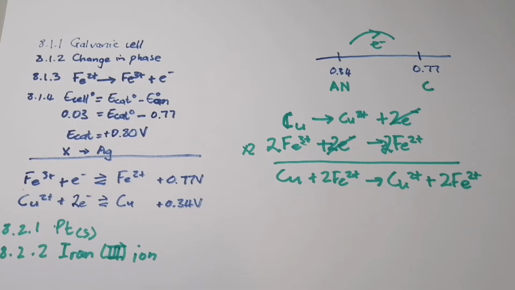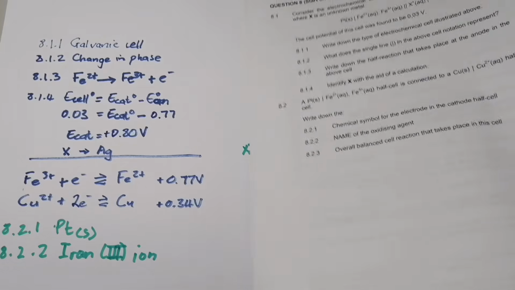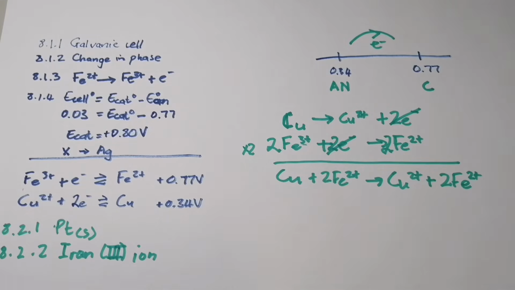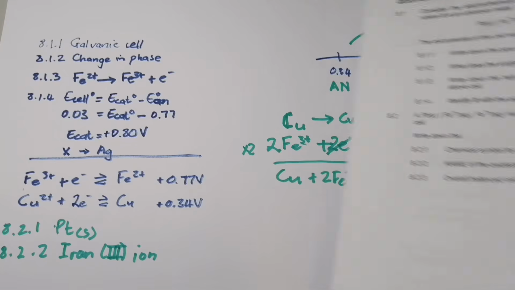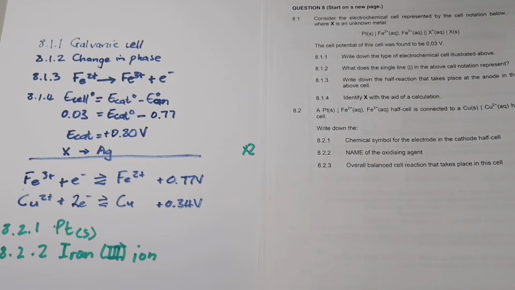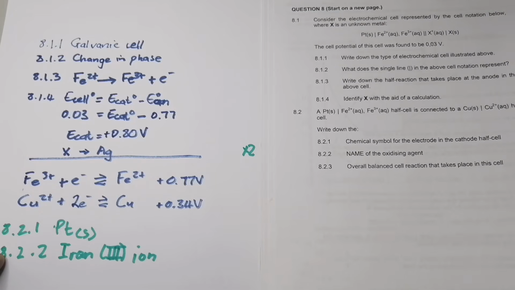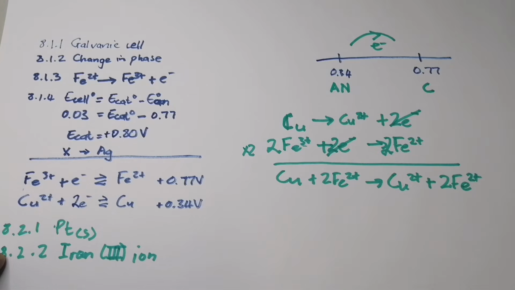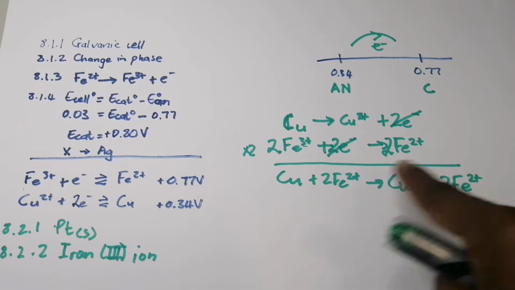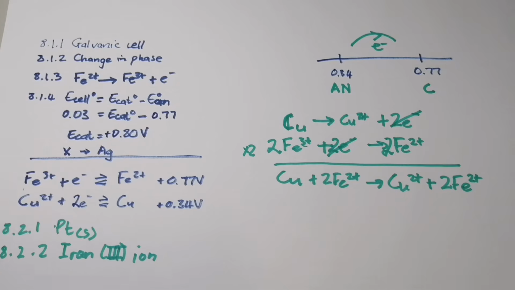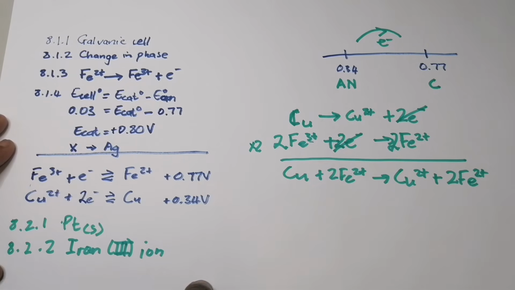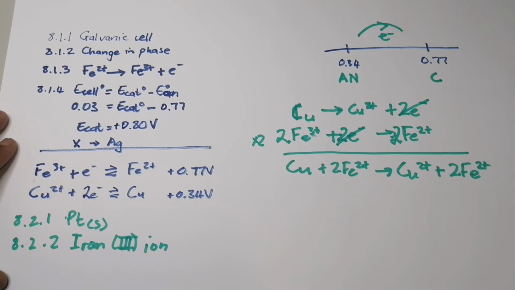And then finally, they say write down the overall balanced cell reaction that takes place for this cell. And that's what helps, because now you can answer all the questions with ease. And guess what? We've already done that. Once you go through this process, it really makes it easy to answer all the other questions that follow.